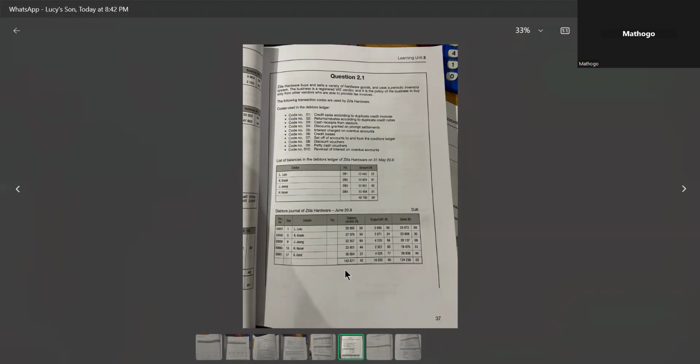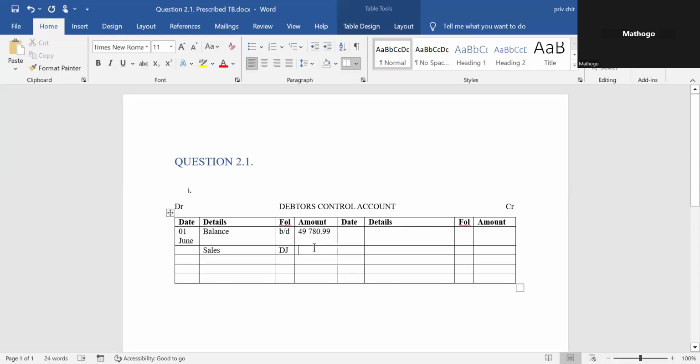So you want to know what we're putting on the debit side of the debtors control? Correct, from here. So you're going to put the 142,871, and it goes to the debit side.